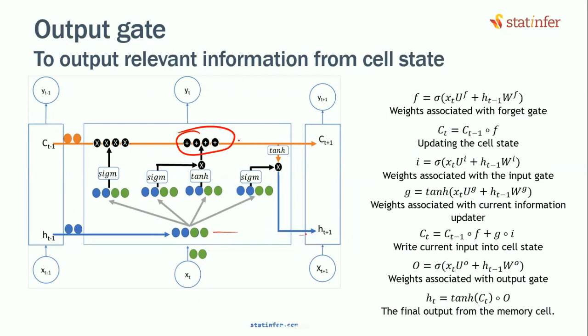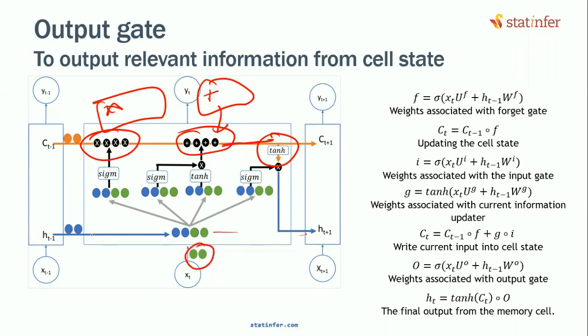Based on the updated cell state, after whatever is removed has been removed and whatever is added has been added, and based on the current input and the previous output, what needs to be taken out and carried forward will also be decided based on the cell state. That will be given as the output.